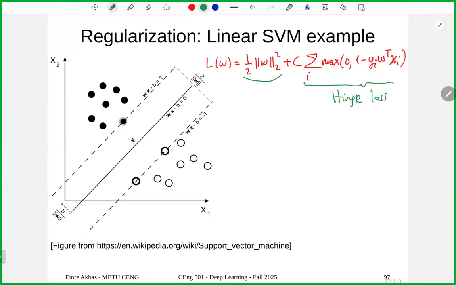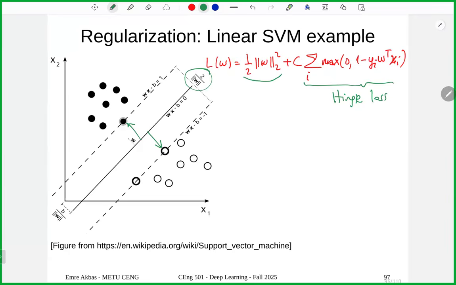Why? Because if you look at the geometry of linear support vector machines, if I give you a line, the closest distance from that line to, for example, the white and black points is given by 2 over norm of W. This is coming from geometry. And this is called the margin, right? It's the separation between examples.